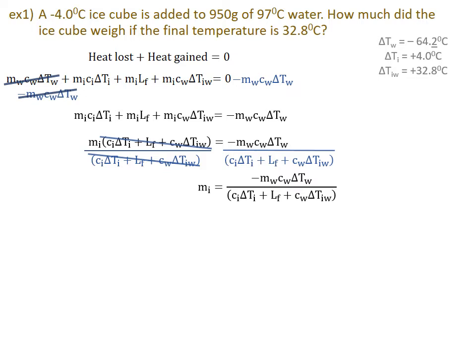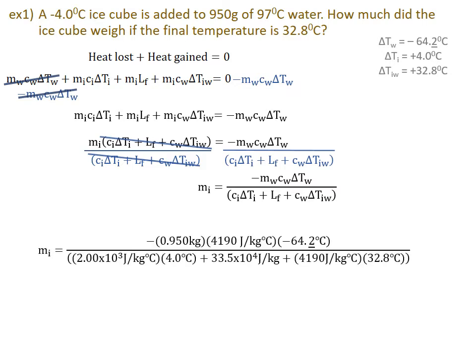Now that MI is isolated, I will sub my numbers into the equation. Now kilograms and kilograms will factor out because kilograms is on the top and the other kilograms is on the bottom. We also have a degrees Celsius on the top and bottom in our numerator.